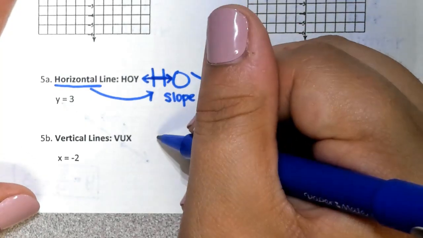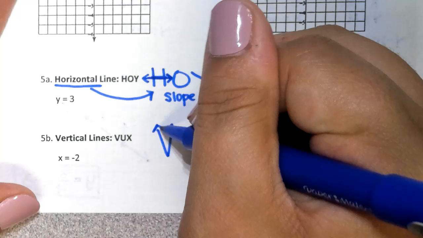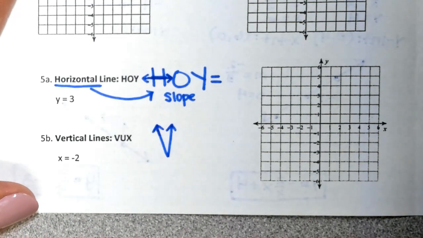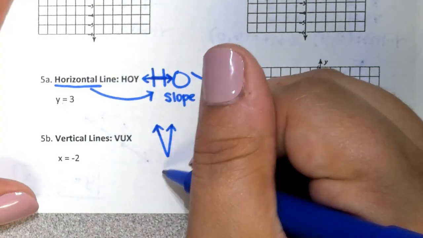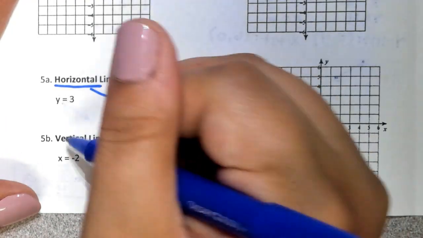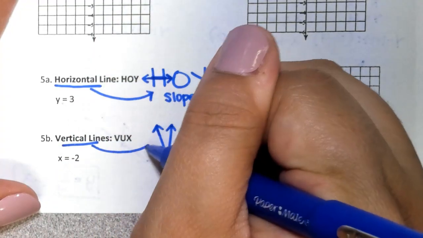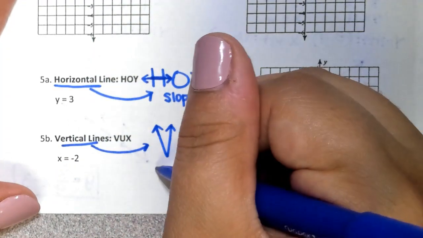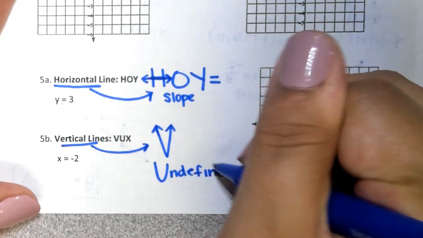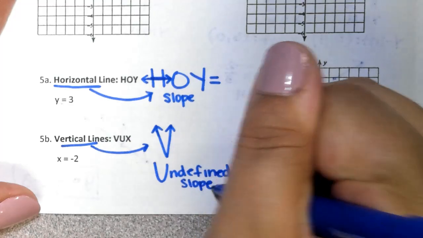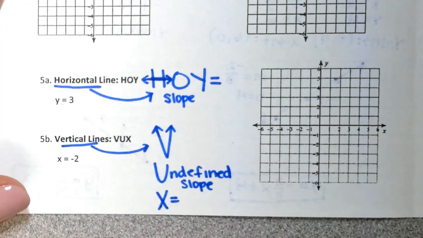VUX: vertical lines. Y'all might have done slope man instead of HOIVUX. Okay. VUX is vertical lines. I do the V. Vertical lines have undefined slope, and they are x equals. That is what HOIVUX means.